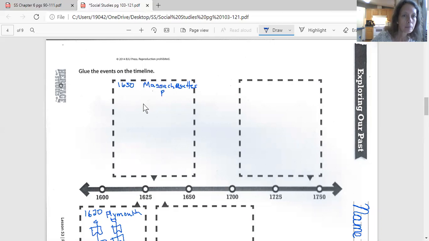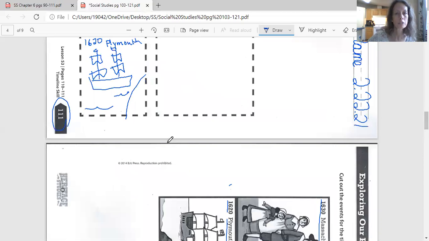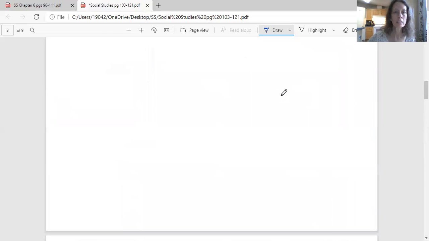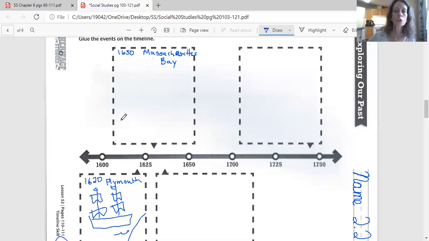Okay. And then your job is to find the picture that goes with Massachusetts Bay. There it is right there, the Pilgrims. You can either cut it out and paste it on here, or you can draw it. It's okay. Either way you want to do it.